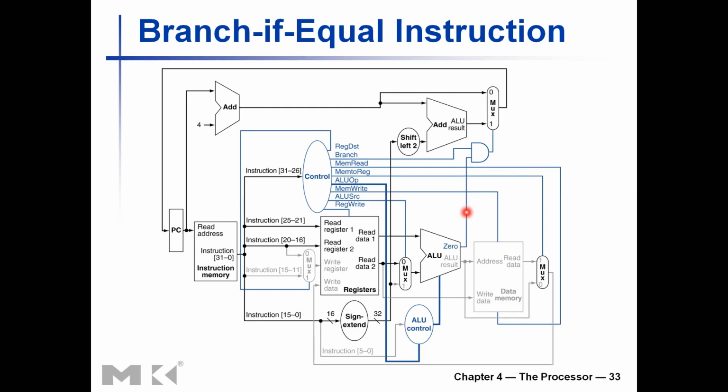Right. Okay. So right now, let's have a look at our control signals value. I hope you went and decided the values needed on these control signal outputs generated by the control unit for branch if equal instruction. Okay.